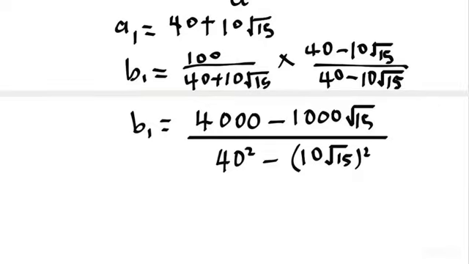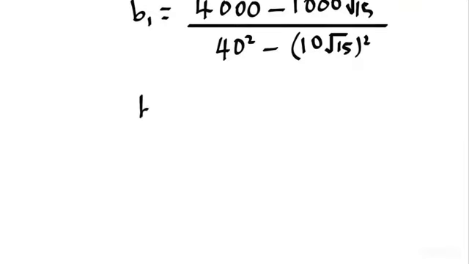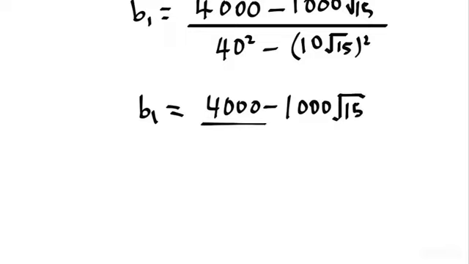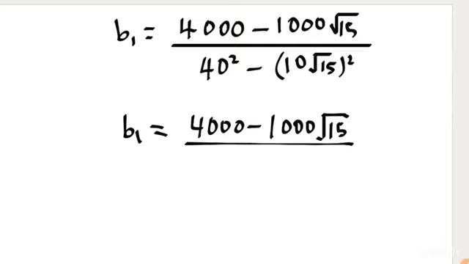So we move on. We're going to have B1 equals 4,000 minus 1,000 root 15 divided by, so 40 squared is going to be 1600 minus, this is going to be 100, okay, then multiplied by 15.